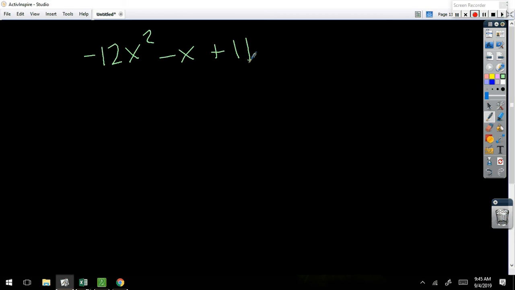Always let your GCF be -1 and change all the signs inside because you don't want to factor with a negative out front. It's just messy, nasty business. You might want to put that on your tips or somewhere if you need to, but just as a reminder, that won't happen often, but it does happen sometimes.